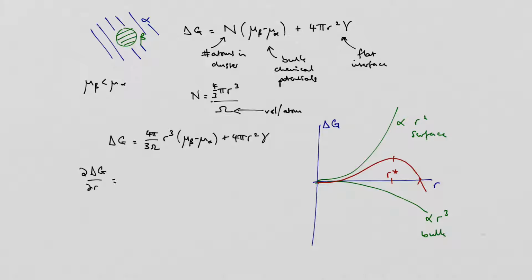So inevitably we just take the derivative. And if we set that equal to 0, that tells me that there's a critical radius, which is 2 times omega times gamma over the difference in chemical potentials.